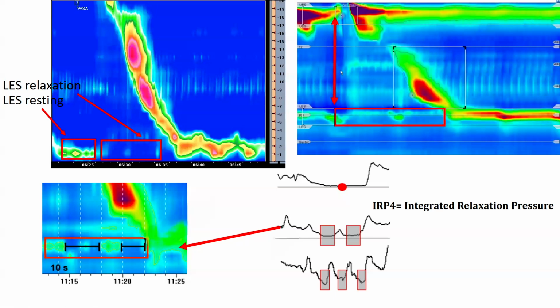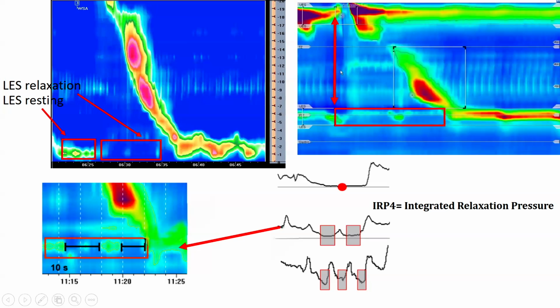In terms of the values here, an elevated one means that we have some outflow obstruction or achalasia, right? So what is the cutoff? The normal values are up to 20.